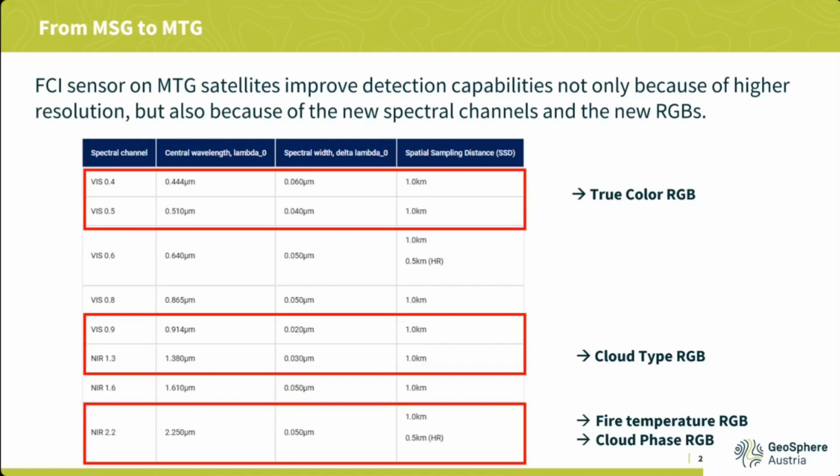In fact, as you can see here, we have 5 new spectral channels. How does it come? The answer is easy. The high resolution visible channel does not exist anymore. This has been deleted, and now we have 5 new different spectral channels, all of them in the short wave bands. So what can we do with them?